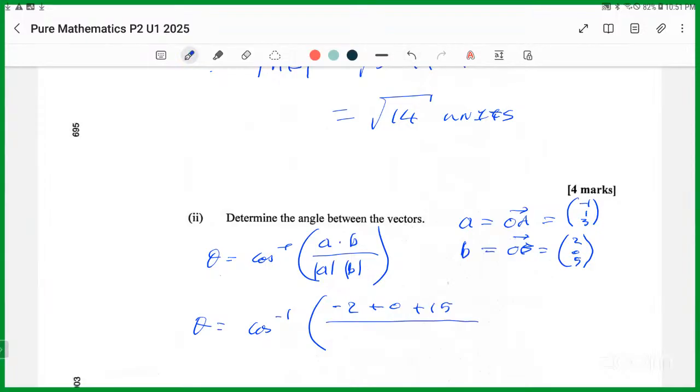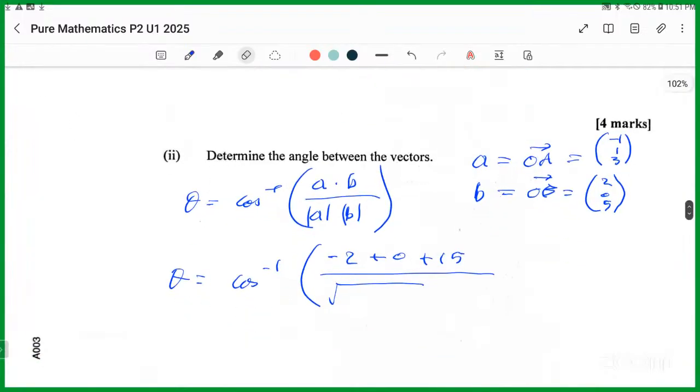Divide that by the modulus of the first one, the square root of 1 squared, 1 squared, 3 squared. Then the modulus of B, that's 2 squared, 0 squared, 5 squared.